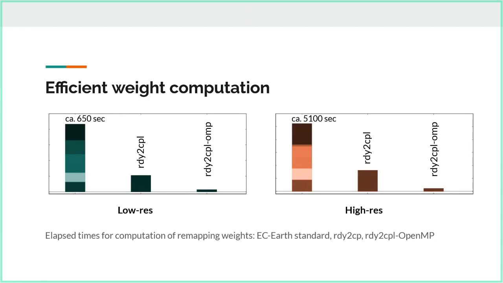If you use one MPI process per weight file, you already get a big advantage from parallelization. And then if you switch on OpenMP, weight generation for everything except high or extremely high resolution cases will be so quick that you don't bother.